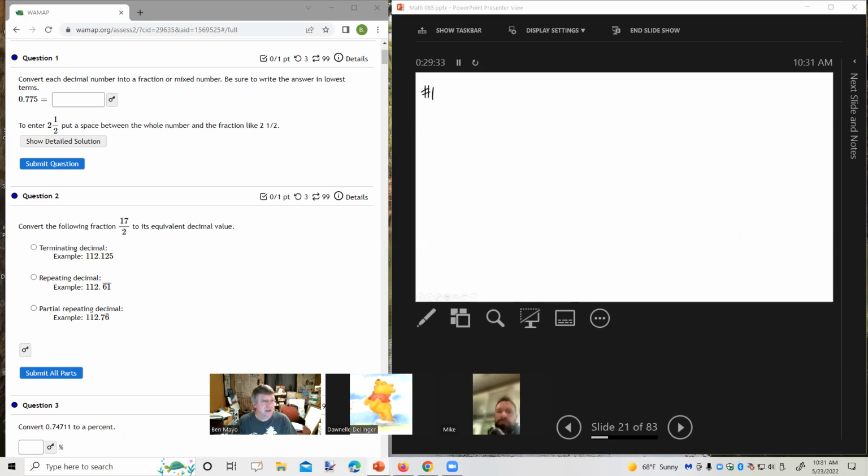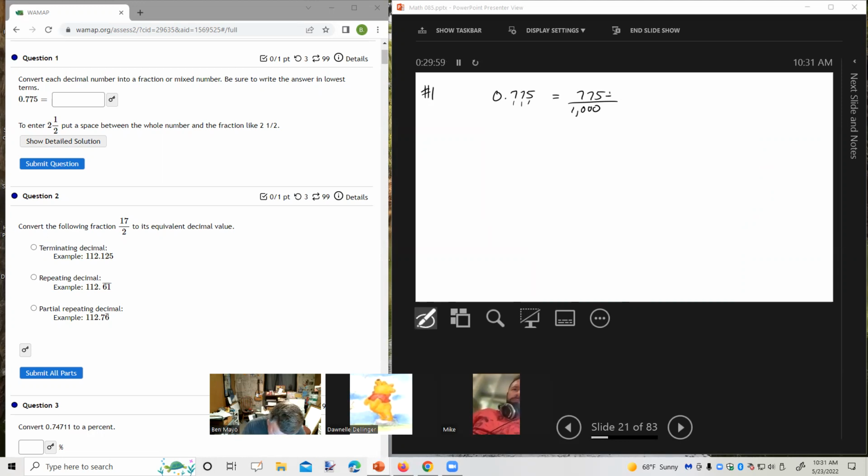Question number 1 says, convert each decimal number into a fraction or mixed number. Be sure to write the answer in lowest terms. So we have 0.775. Well, as a fraction, that would be what? 775 thousandths, 775 over 1,000.